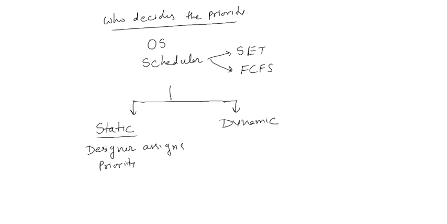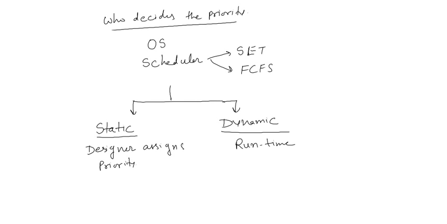Suppose you are designing a scheduler, your programmer has assigned different priorities to different tasks. But in the dynamic case, the priorities are decided at runtime. Whenever the tasks are running, depending on different criteria during the runtime only, the task is scheduled, right?